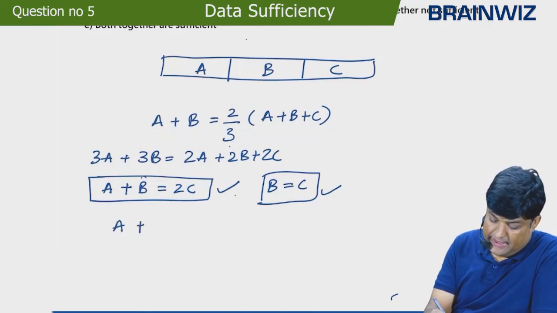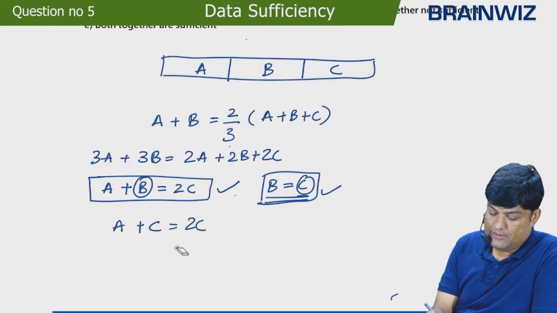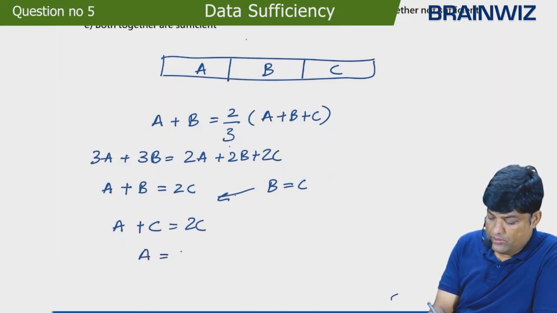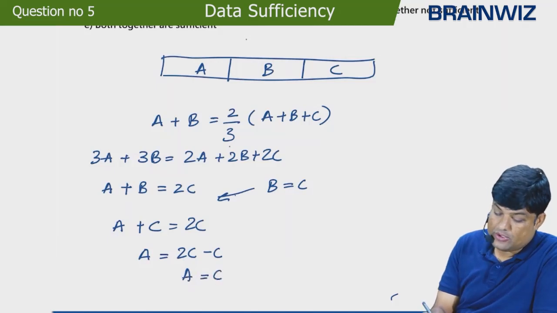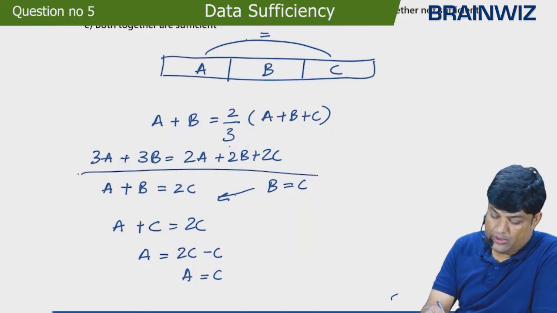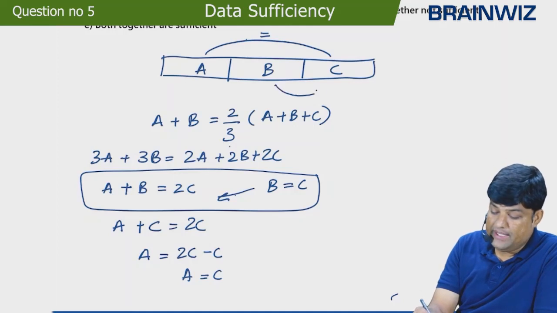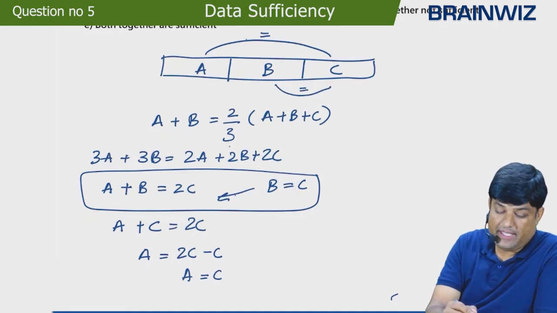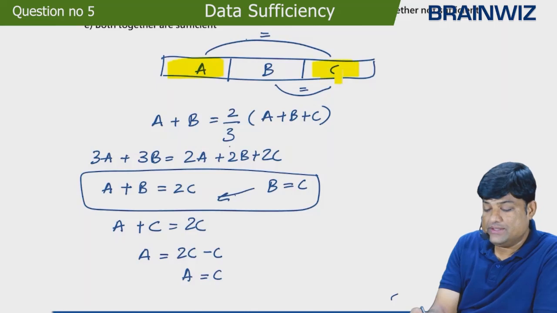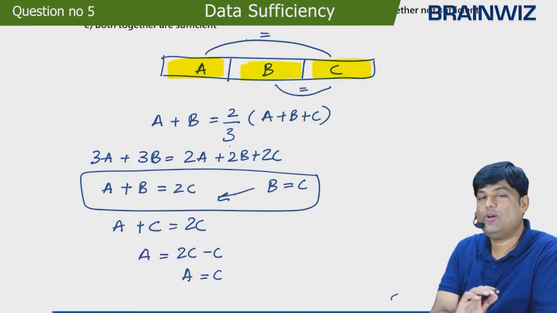A plus, instead of B, I'll put C because B is equal to C. Now, A is equal to 2C minus C. A is equal to C. So we have understood that A is equal to C, and he already told you B is equal to C. So students, when A is equal to C and in turn C is equal to B, we have to understand that all the three are equal.